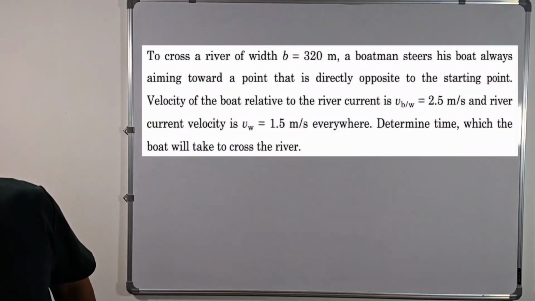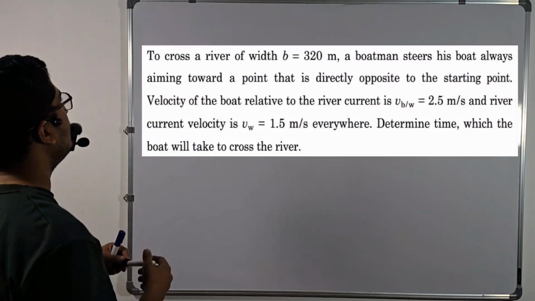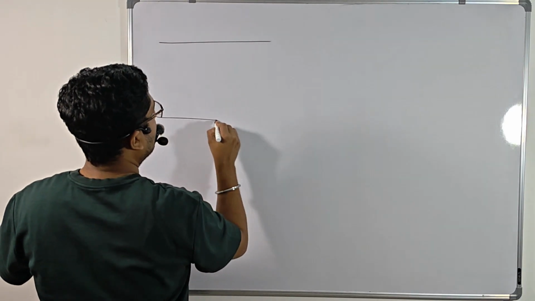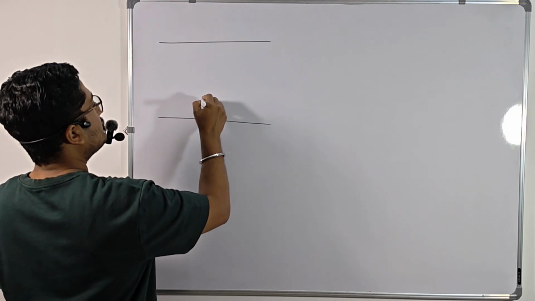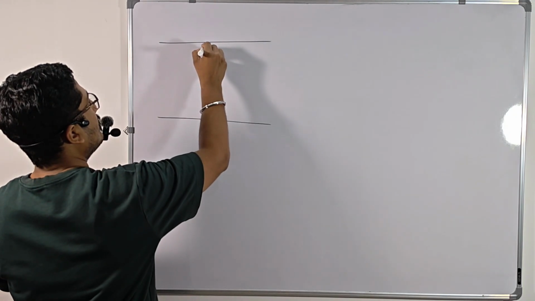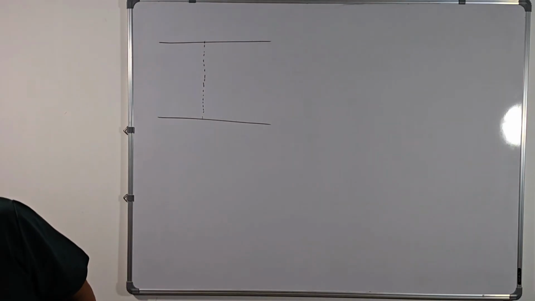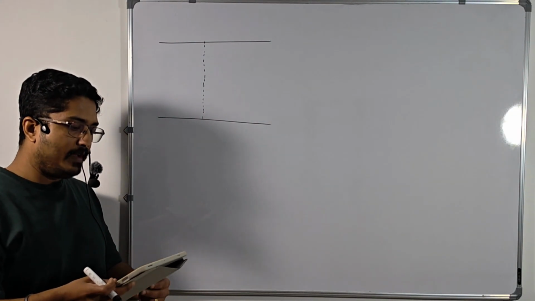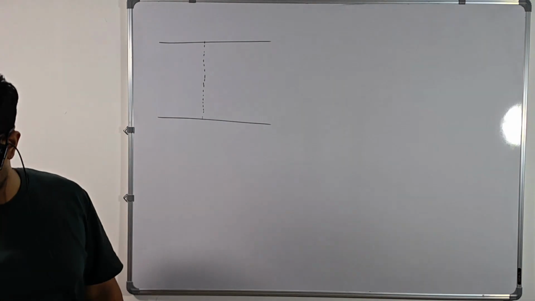So first of all, according to the given question, what we understand is that we have actually a river and a boat is trying to cross this river. Okay, and what they have said here specifically, the boatman steers his boat always aiming towards a point that is directly opposite to the starting point.